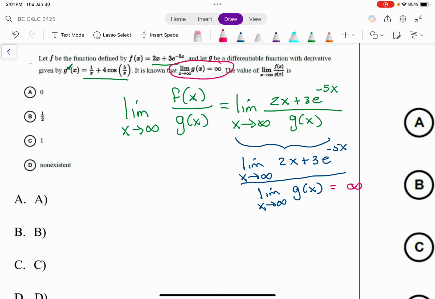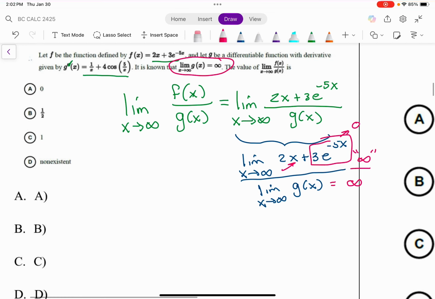This part goes to 0, because e to the negative 5x is the same as 1 over e to the 5x, so that expression gets smaller and smaller. But you still have 2 times infinity, 2 times a really big number. All this is to say, this is a L'Hopital's rule problem because that's an indeterminate form. And so we can use L'Hopital's rule.